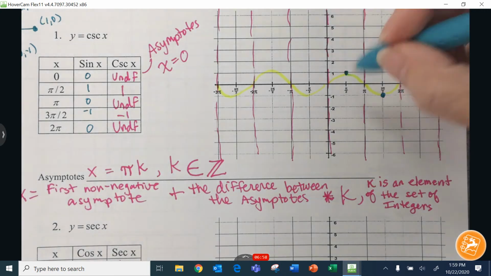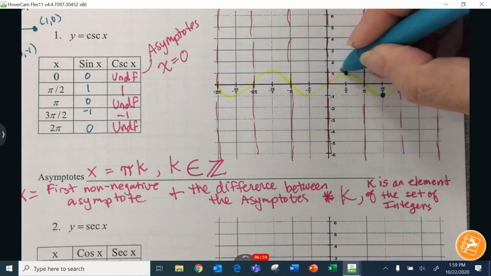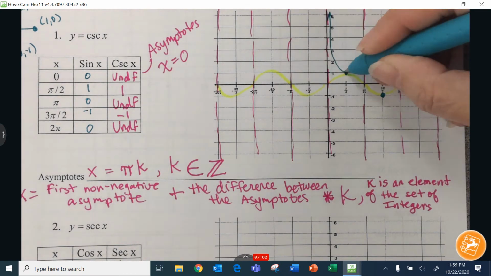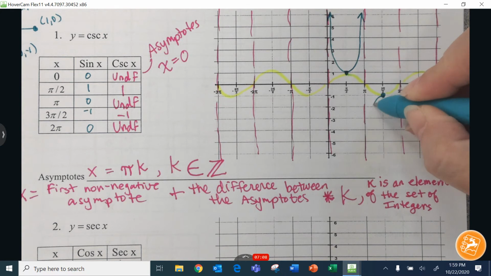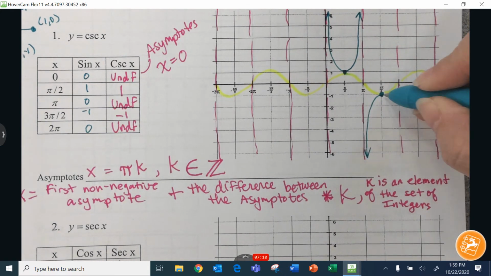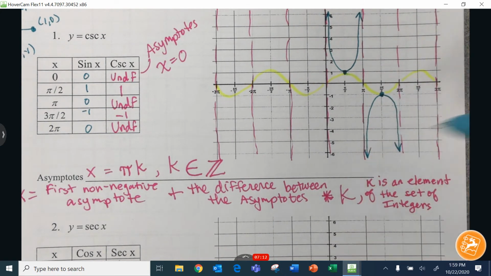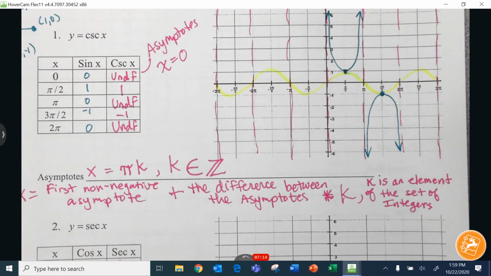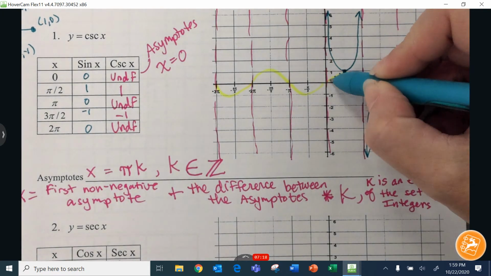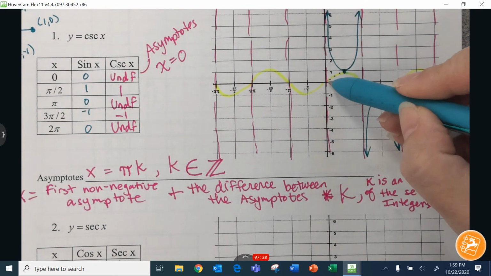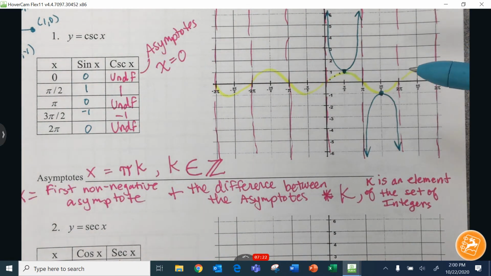So what we're going to do is draw, it's not a parabola, it definitely kind of looks U-shaped, it's not a parabola. We're going to draw these separate pieces. They go away from each other. We get the points up here by reciprocating all of the points. As it leads down to 0, if I do reciprocals, it's going to get bigger and bigger and bigger.